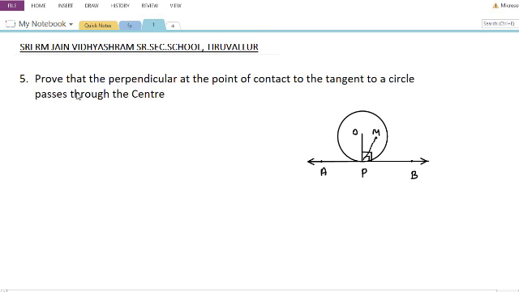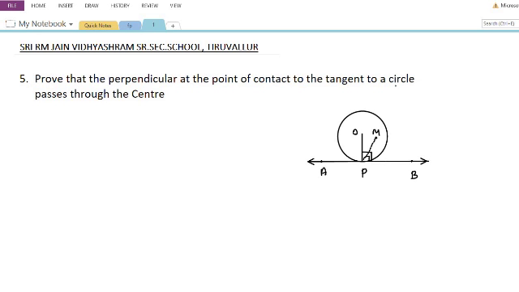Next question. Prove that the perpendicular at the point of contact to the tangent to a circle passes through the center. So they have given that OP is perpendicular to the tangent AB.